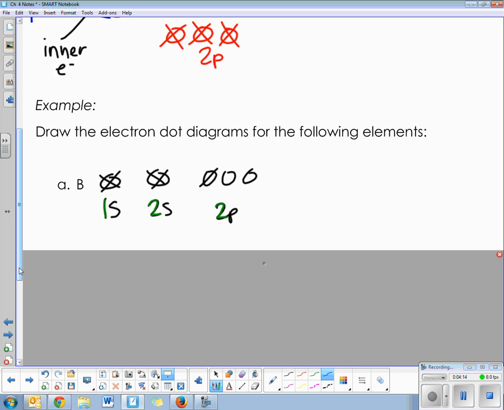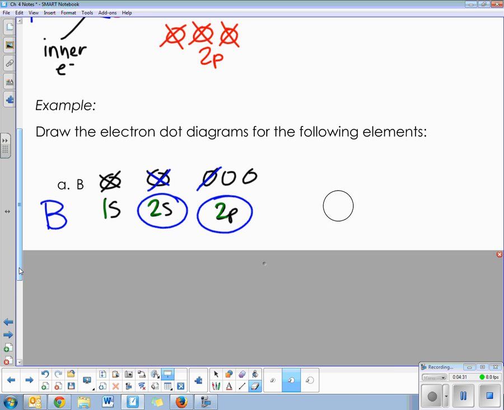So these are valence electrons. Look how many electrons total there are. 1, 2, 3. So we write our symbol, boron, and we write that there are 3 valence electrons. We start by putting them, remember, in the spots on the right side, 1, 2, and then 3. So there's your Lewis structure, your electron dot diagram for boron.